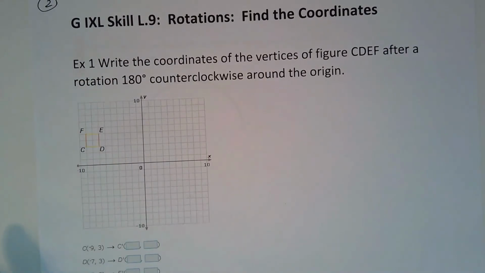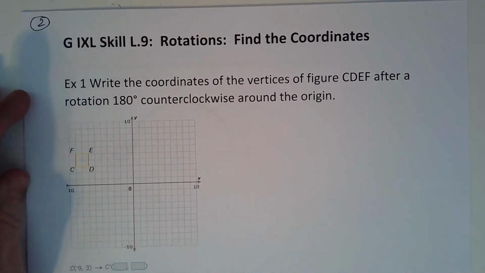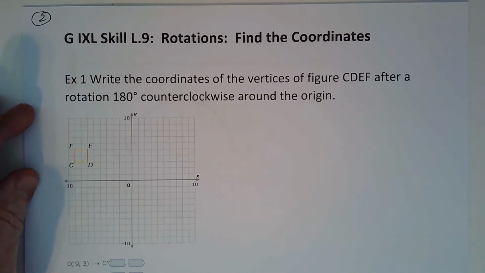So today, we're going to focus on Skill 9, rotations. So we started out with the two other rigid motions, the first one being a translation, where you're moving all points in one direction. Then we did reflection, where you're reflecting points across a line, and now we're doing rotations.